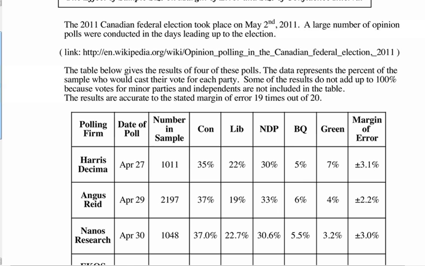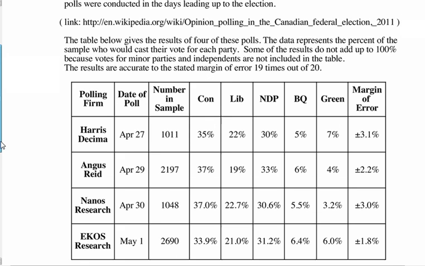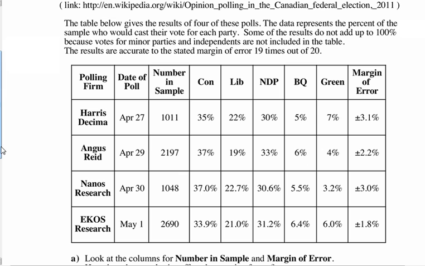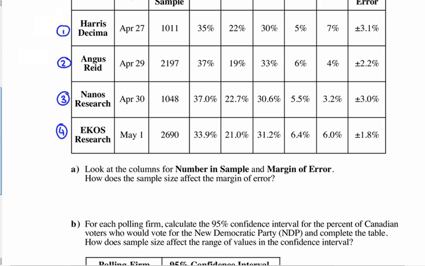So here are four different polls: the Harris Decima, the Angus Reid, the Nanos Research, and Ekos Research. They polled whether people would vote Conservative, Liberal, NDP, the Bloc, and then the Green Party, and then the margin of error for each poll. So look at the columns for the number in sample and margin of error.